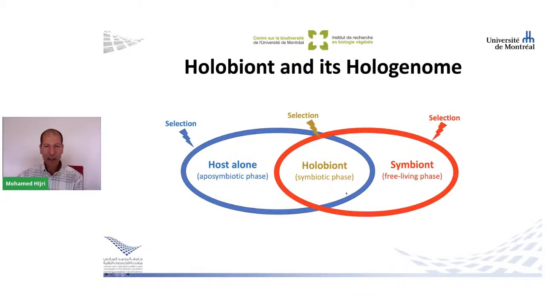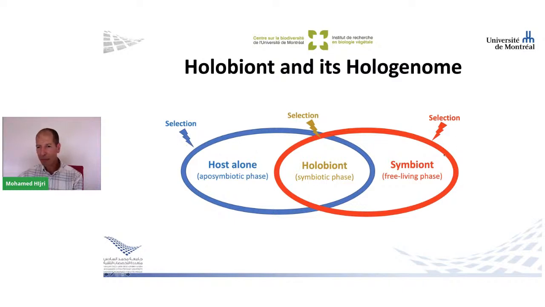And I'm using this scheme just to show you, in a very simple way, what the holobiont is. If you take the host alone in the aposymbiotic phase, this host is subjected to natural selection.